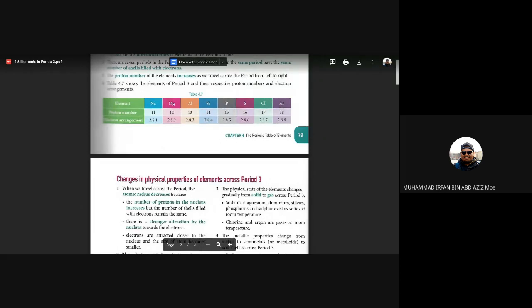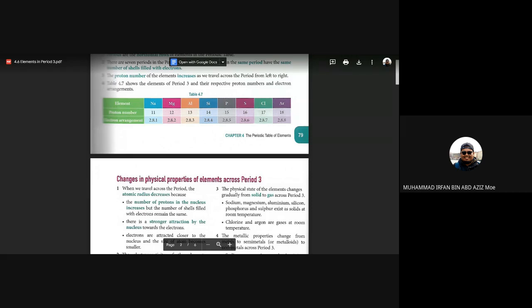But in argon, we have 18 protons and 18 electrons. Therefore, the attraction between the nucleus and electrons in argon will be greater than in sodium. The size is not a really big difference, but it is significant. It slightly decreases. From left to right, the atomic size decreases because the number of protons increases.